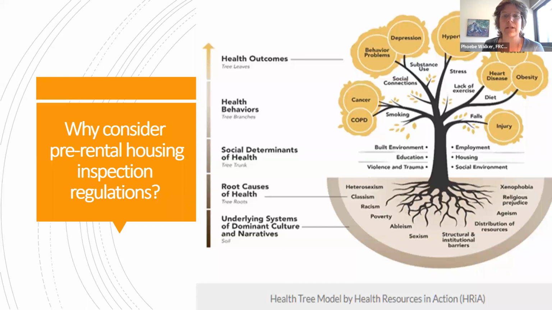A lot of that is rooted in a whole lot of baked in inequities in our country. But one of the main things that impacts how people's health outcomes, which are these things up here, are created, is their access to housing.